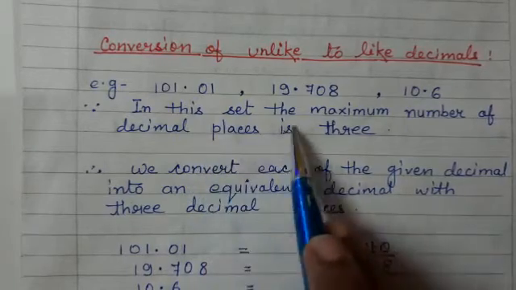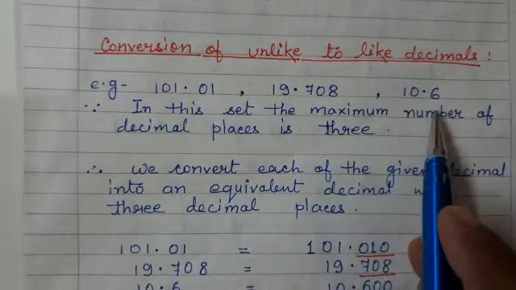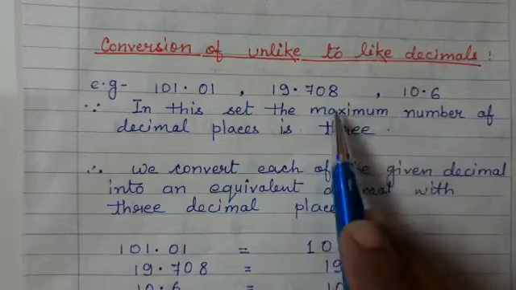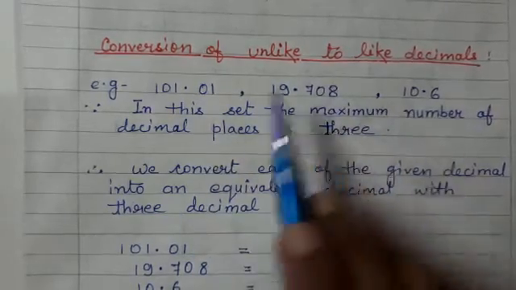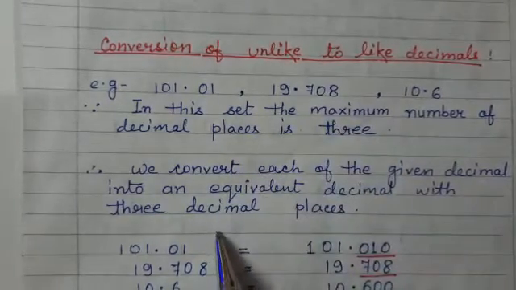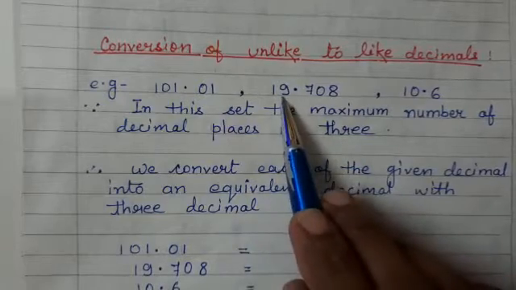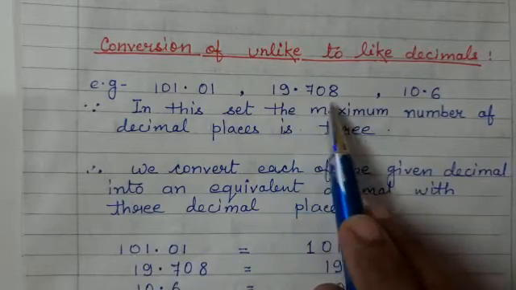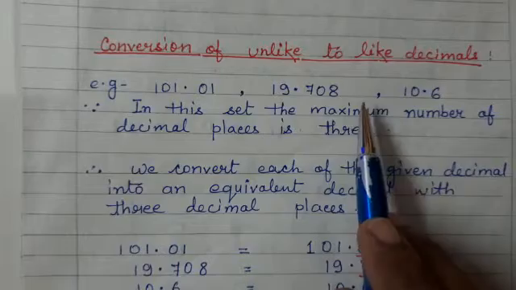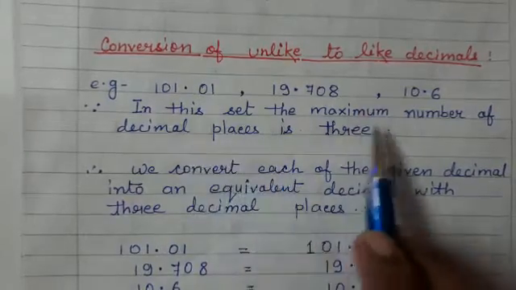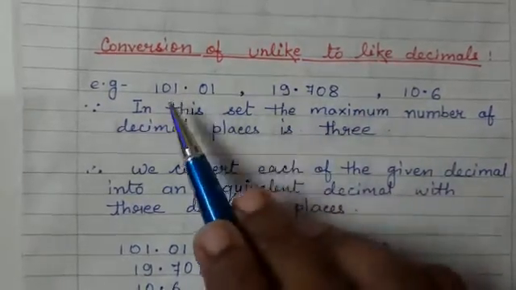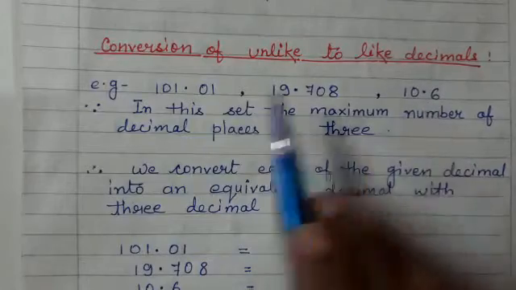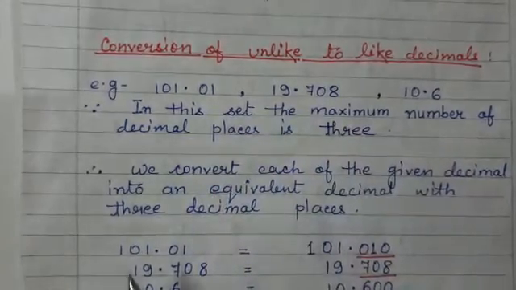We have to convert them into like decimals. First of all, to convert them into like decimals, we have to find out which number has the maximum number of decimal places. Here we see this number has the maximum number of decimal places and it is 3. So we have to convert all the three numbers, that means the first number and the third number, with 3 decimal places. How? Look at here.